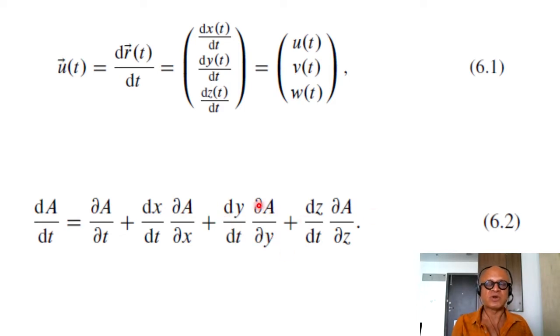I think you know how this rule of partial differentiation works. So when we do ∂A/∂t, obviously we are holding x, y, and z constant, which means it's at a fixed location. So here is the key difference between the material derivative, total derivative, or the Lagrangian derivative, and the Eulerian derivative.